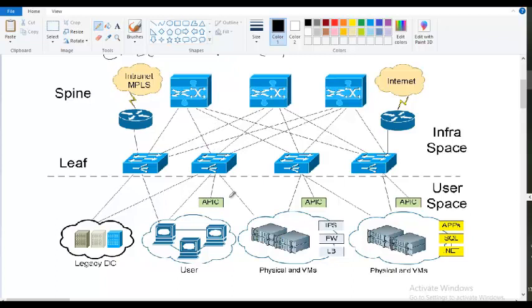Okay. Now why three APICs? It is because the failure of one APIC will not bring down the ACI fabric. How? The database between these APICs is always shared. It's a shared database.